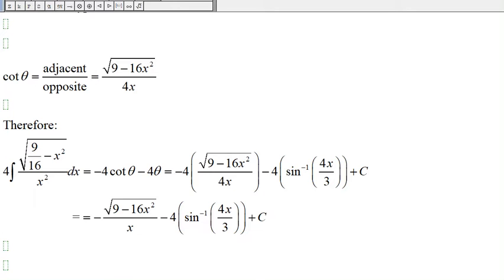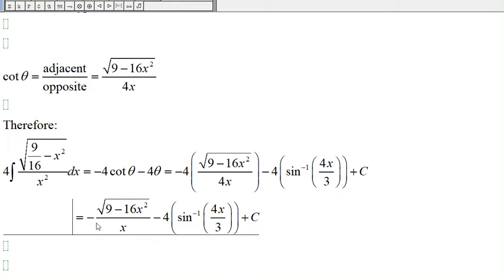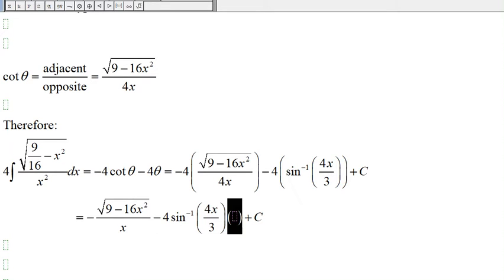And so we end up with negative square root of 9 minus 16x squared divided by x, and then minus 4 sine inverse of 4x divided by 3. So this is the answer.